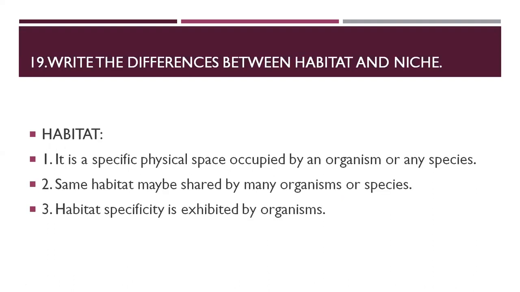Right, the differences between habitat and niche. Habitat is a specific physical space occupied by an organism or any species. So the physical space occupied by an organism or by a species is said to be habitat.